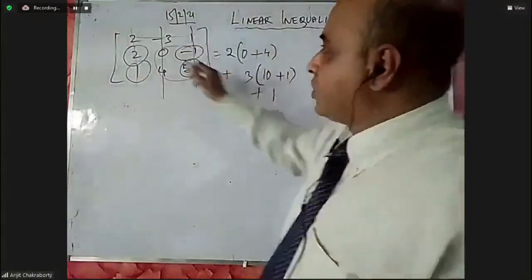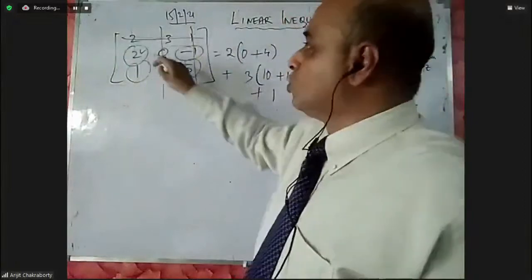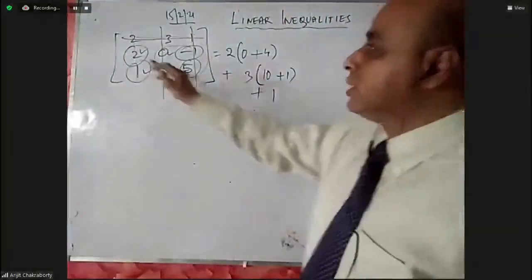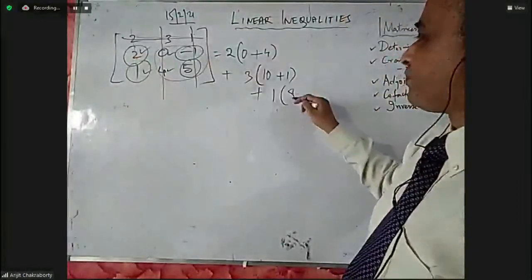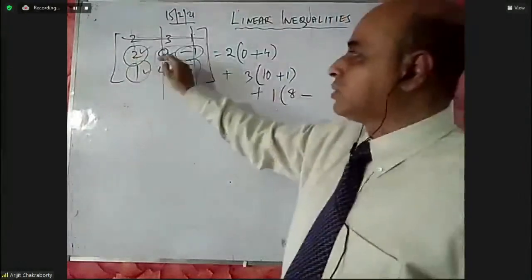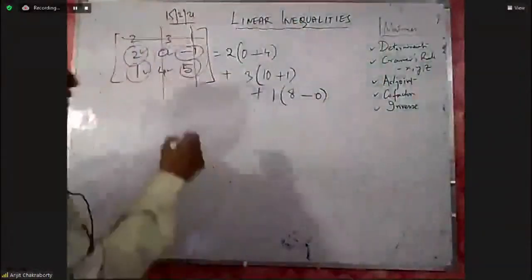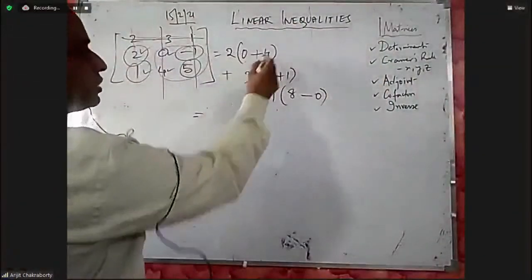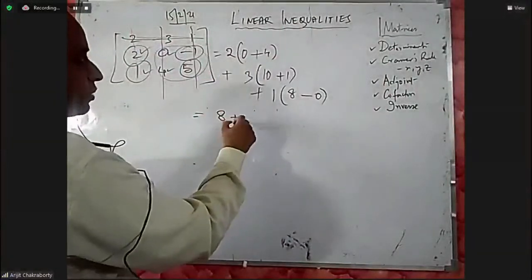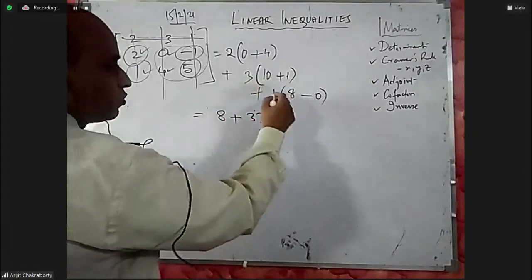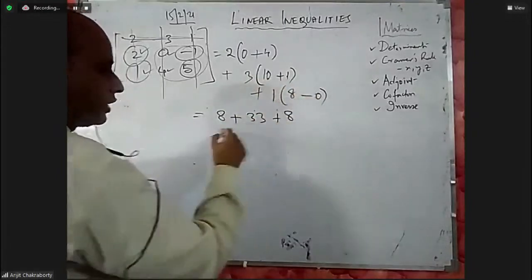So I will block this, and I will take 2, 0, 1, and 4. So 2 4s are 8, minus 1 into 0, that is 0. Let me work it out and see what we get. So 2 into 0 plus 4, that is 8, plus 3 into 10 plus 1, that is 33, plus 1 into 8 minus 0, that is 8.